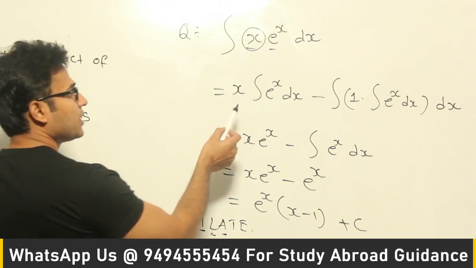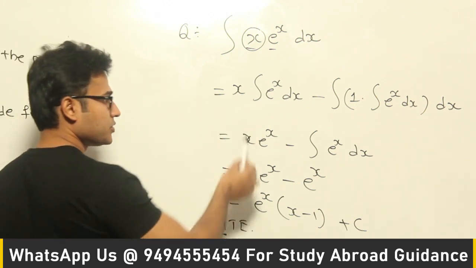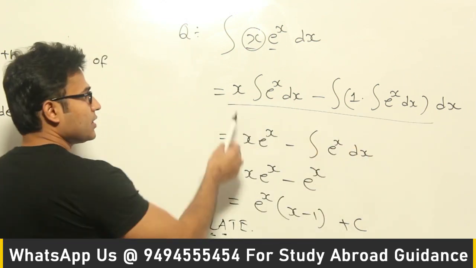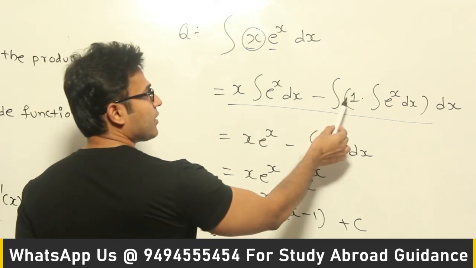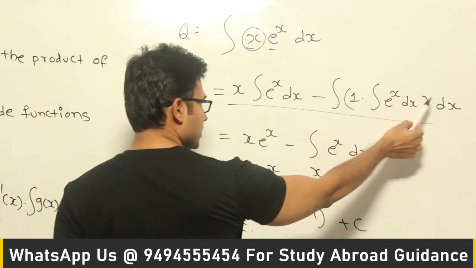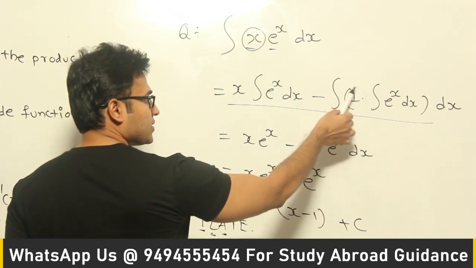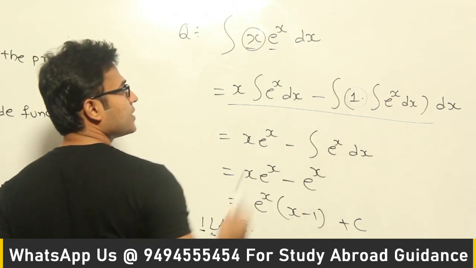Now if you take x as f of x, in the previous formula, if you substitute it, you are going to get this, right? So it is f of x into integral g of x dx minus f dash of x into integral g of x dx, whole dx. And since d by dx of f of x is 1, which means f dash of x is 1, I am directly writing it as 1.